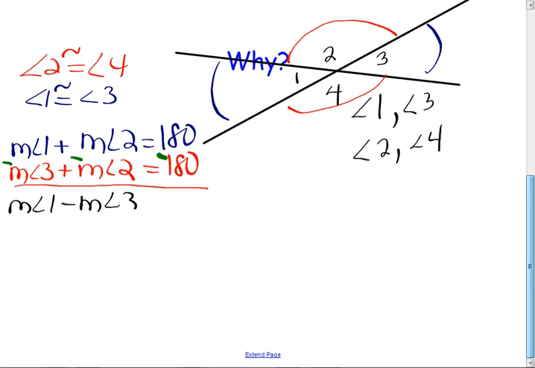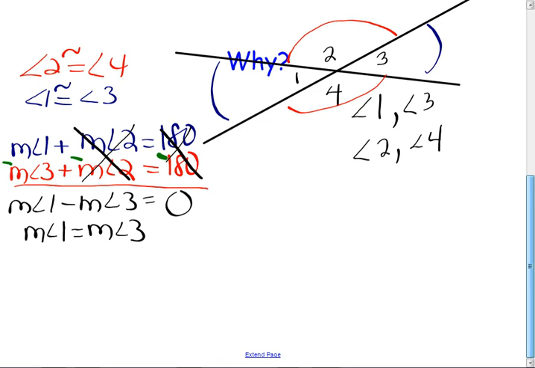I can't do anything with it, which is why I love algebra. What happens to these guys? Measure of angle 2 minus the measure of angle 2. They go away. That's 0. And what's 180 minus 180? 0. Solving for one of these angles, I've just shown the measure of angle 1 equals the measure of angle 3.